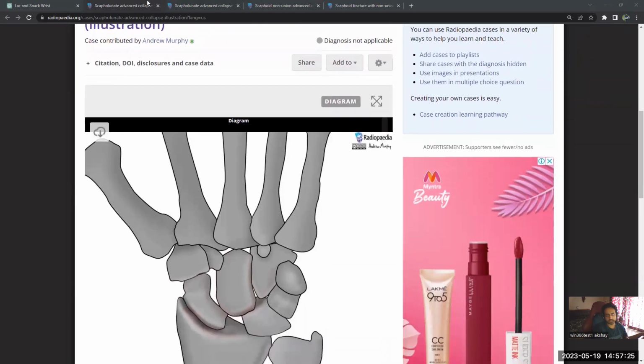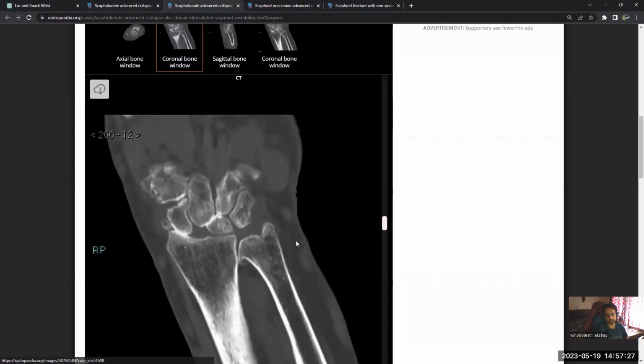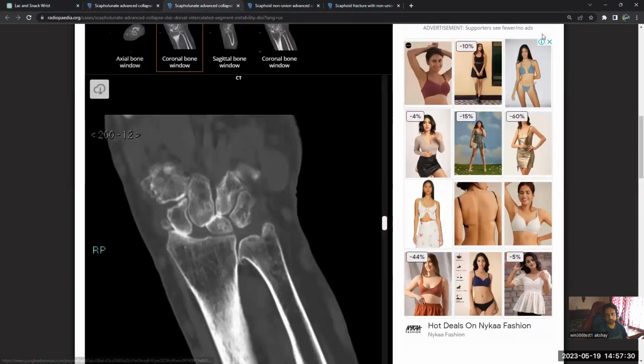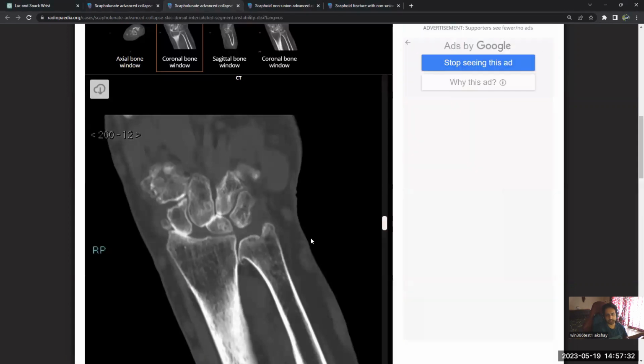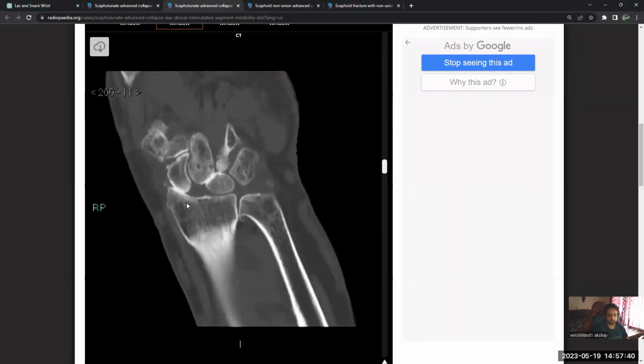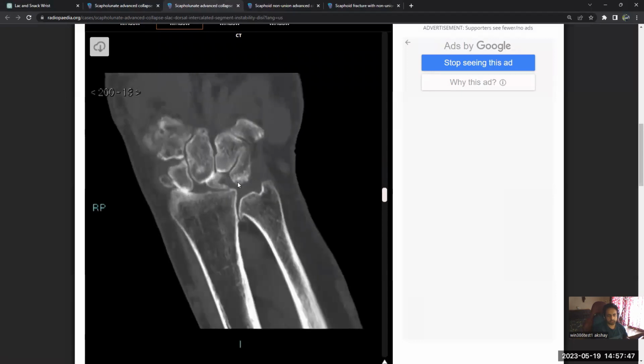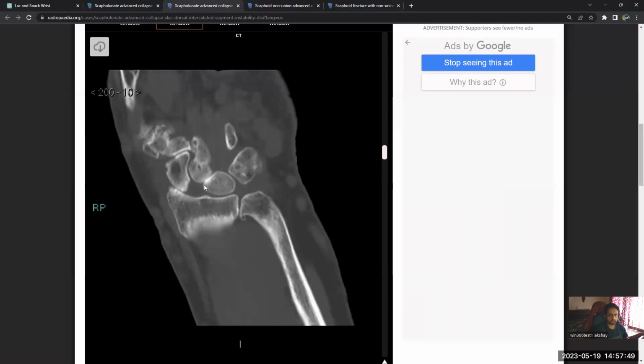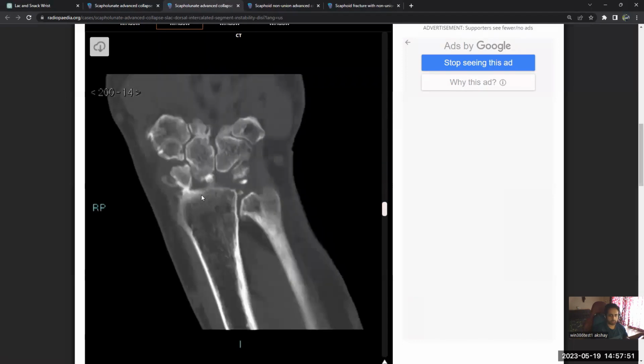So we'll see one example. All the findings you can see over here. This is the scapholunate ligament. The scaphoid is here, lunate is here, capitate is here, and between the scaphoid and the lunate there is a gap.